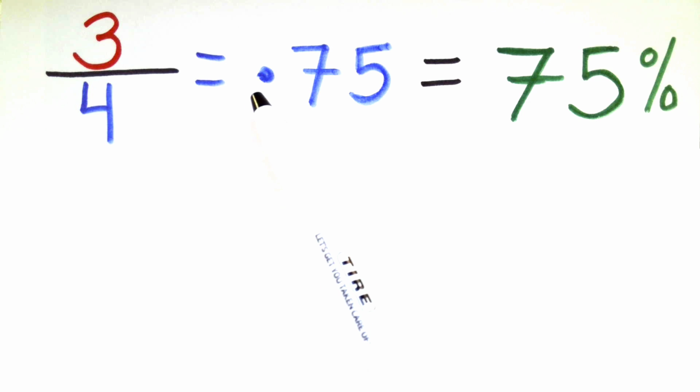Now, if you want to convert this decimal into a percent, you take the decimal value, you move it to the right 2 times, which is 75, add your percentage symbol, and there you go. So 3/4 is equal to 75 hundredths, or 0.75, or 75 cents as I like to say it, which is also equal to 75%. Again, you move the decimal 2 places to the right, you add your symbol, and now you have your percentage value. Hopefully this is making some sense.